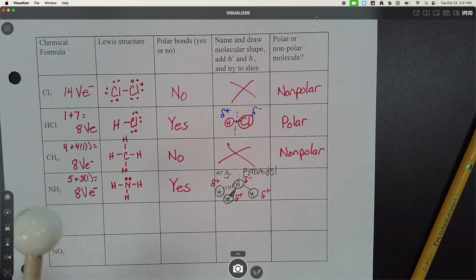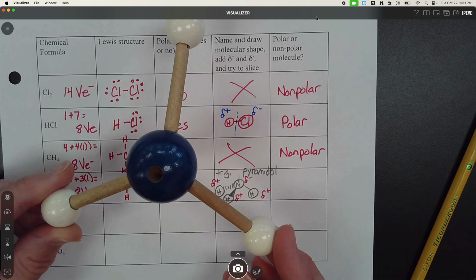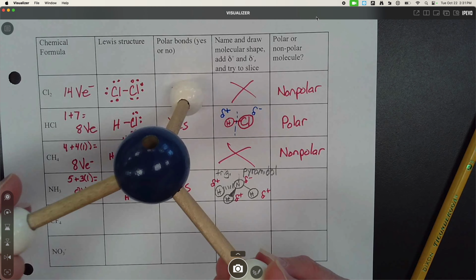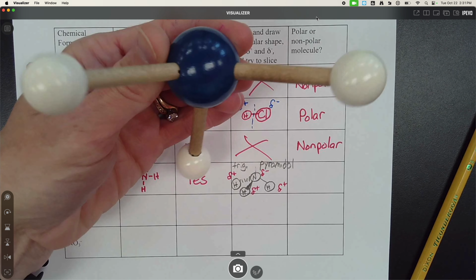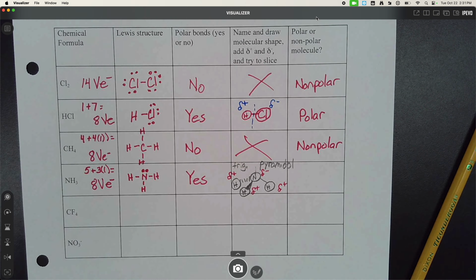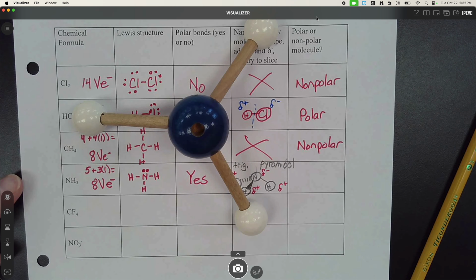Now I'm going to pick this thing up and I'm going to look at it, and I know that the nitrogen is negative and the 3 hydrogens are positive. I can flip this thing to point all 3 hydrogens at me, so I can put all the positive toward myself and all the negative away from myself. This is a polar molecule. It has ends. The other way to look at it is to decide if you could cut the positives away from the negatives.